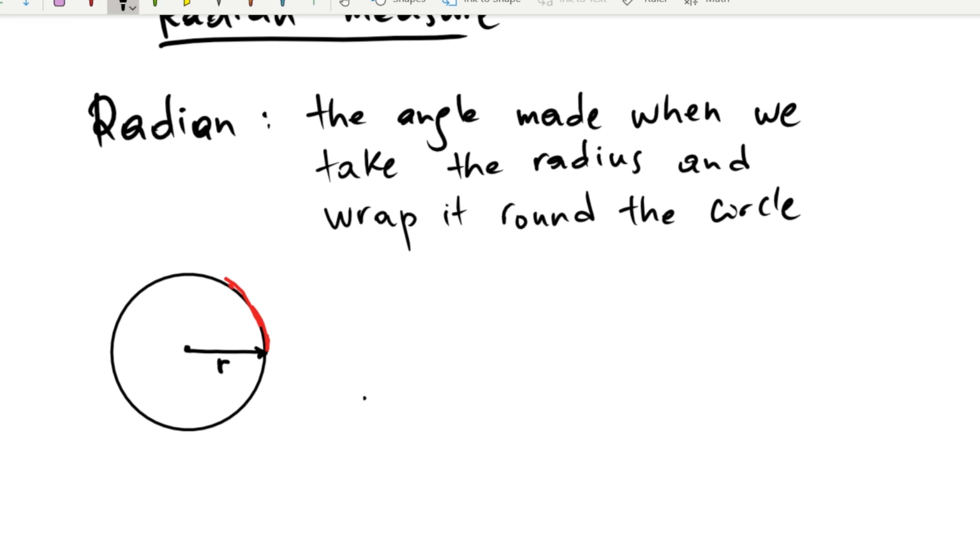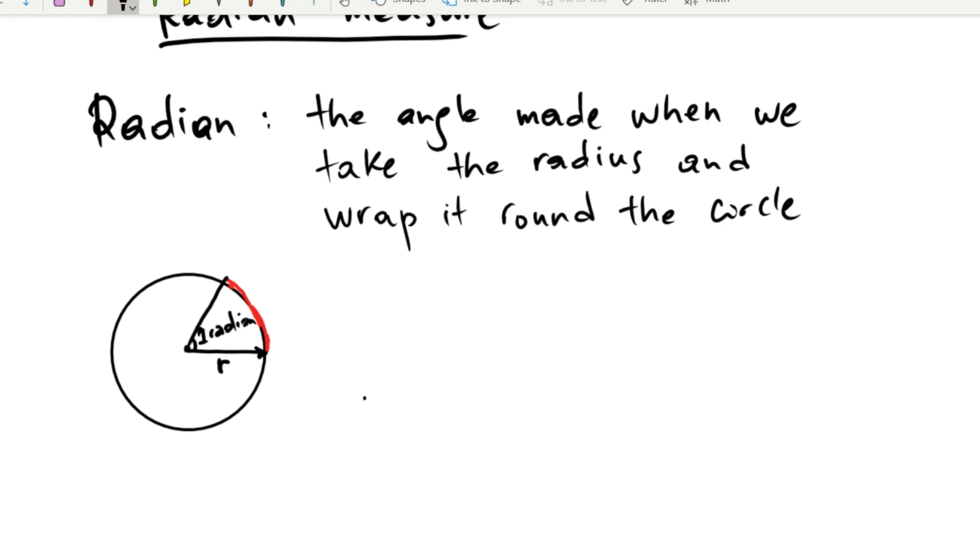So this angle formed by this rotation is 1 radian. That angle is 1 radian.